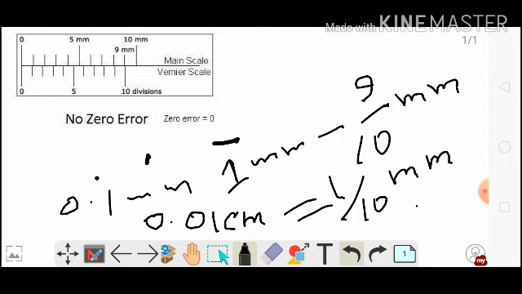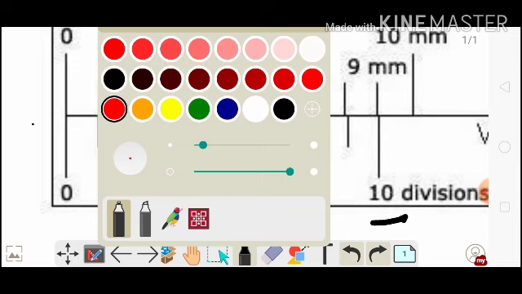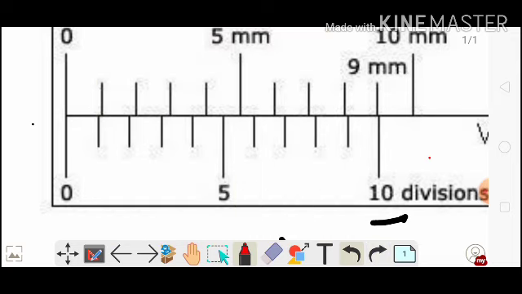That means if you zoom the picture a little, this little gap, what I'm marking with red here, is of the range 1 by 10 mm, that is 0.1 mm or 0.01 centimeter. So by using these vernier calipers you can measure the length up to this range.